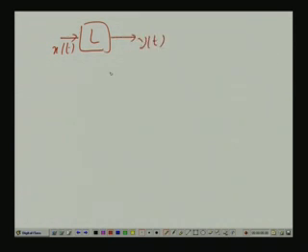Then let us find out this. There is a system, input is x(t), a linear system, not necessarily time invariant, so the output is y(t). We know y(t) equals the integral.